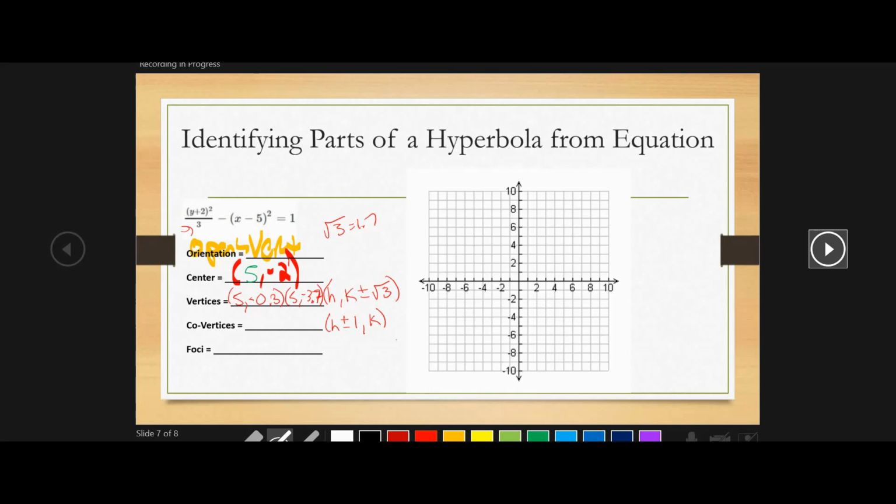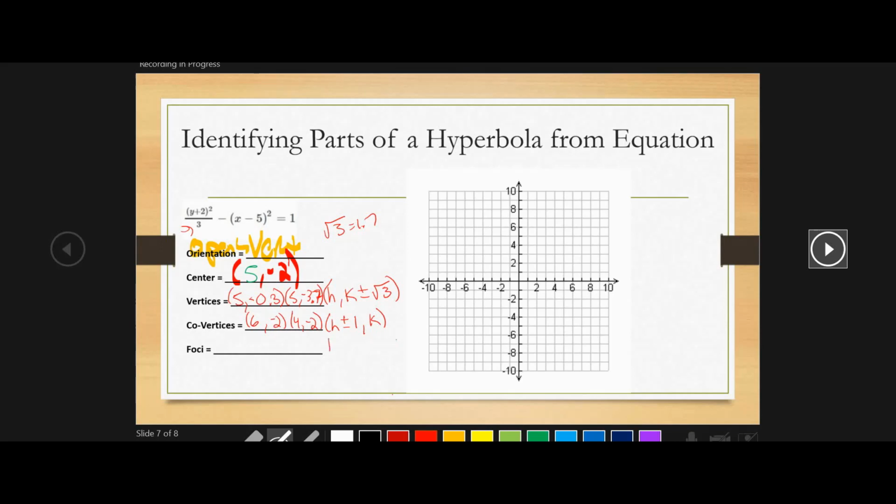The co-vertices are going to be 6, -2, and 5 minus 1 will be 4, -2. The foci in this case, this one was vertical, right?